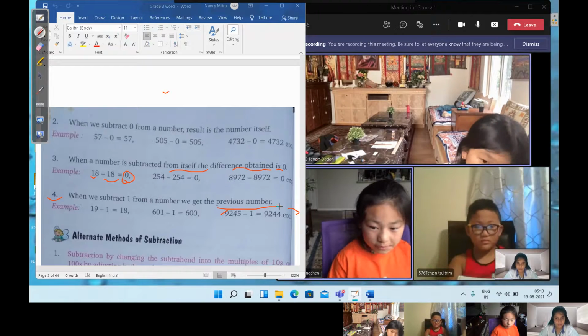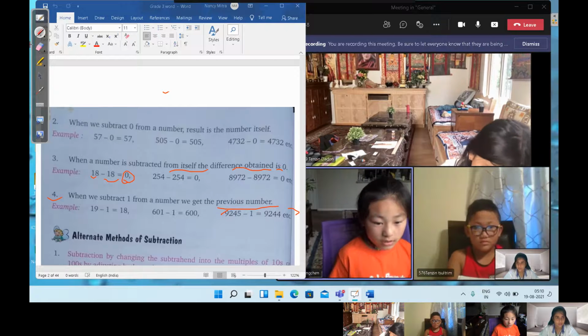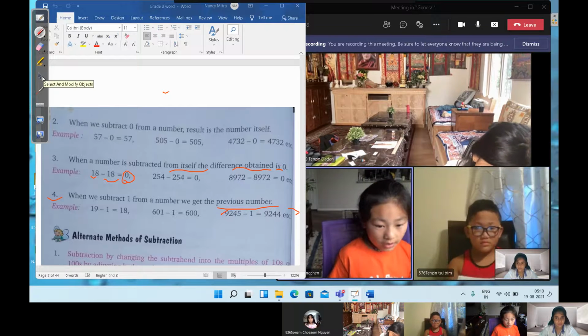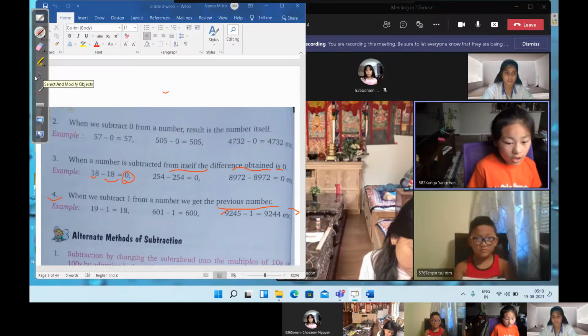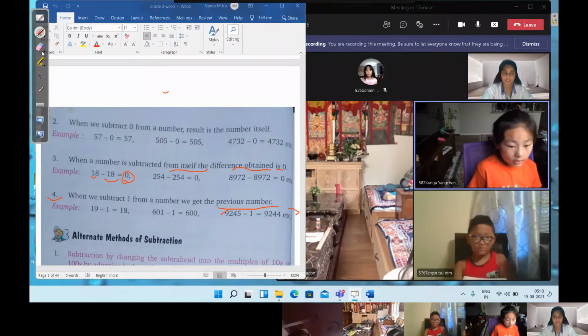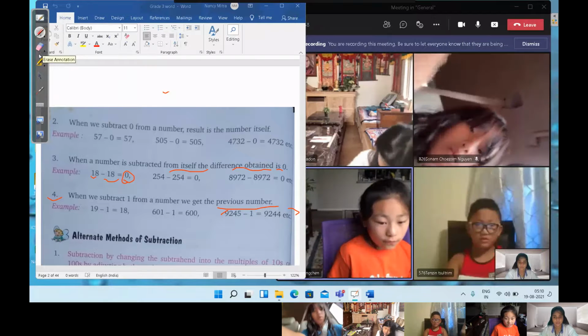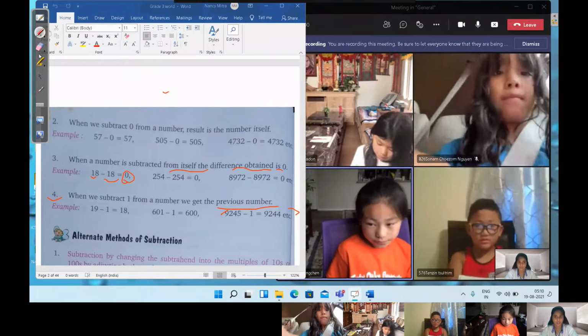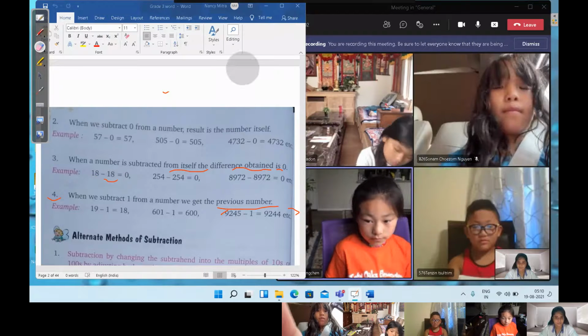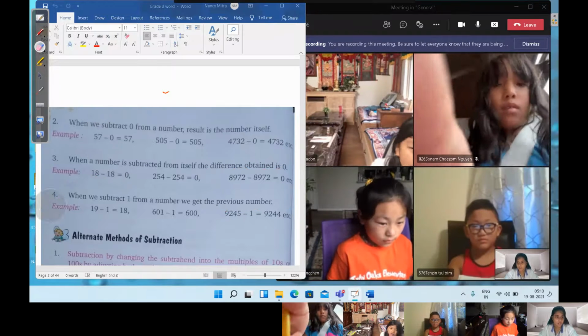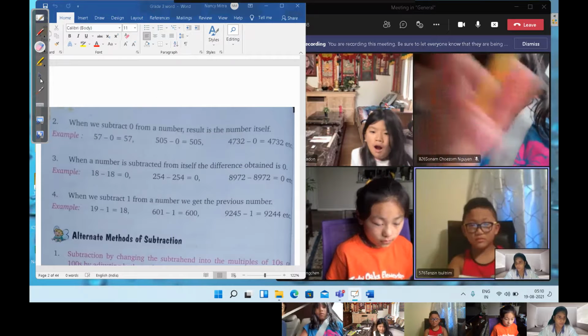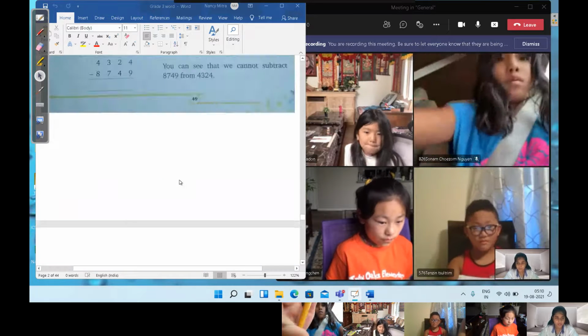If you subtract 1, you would get 9,244. If you add one more, then you would get 9,246. Very good. So these are the properties of subtraction.